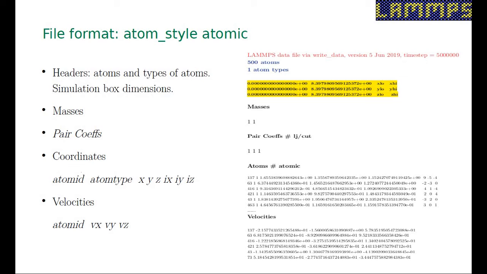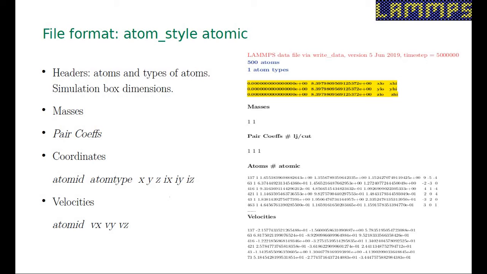Coordinates. Here we specify the structure or the position of the atoms. In the first column, we need an atom ID, which is an integer number. Then comes the atom type, another integer number, and then the coordinates of the particle.